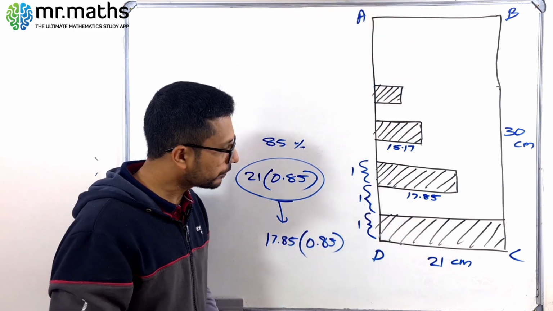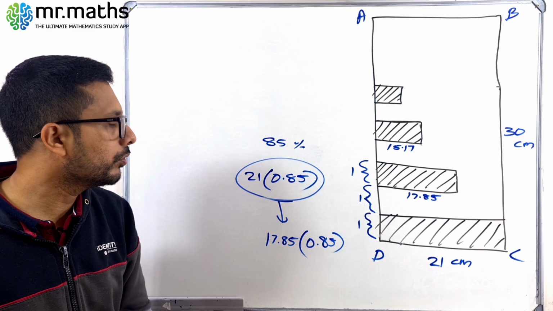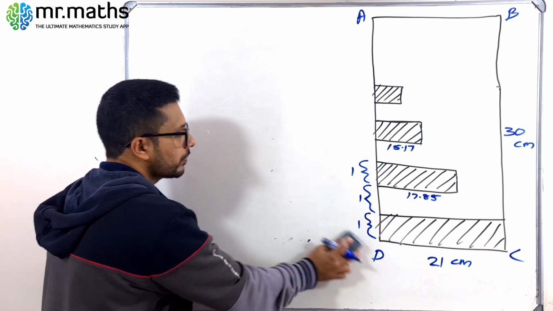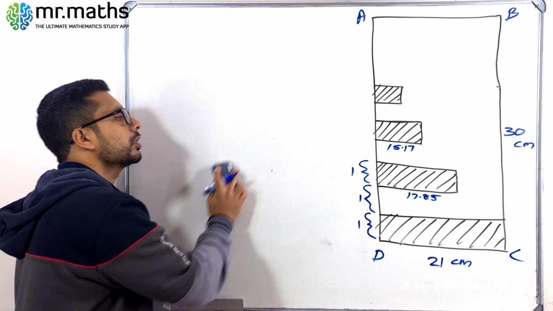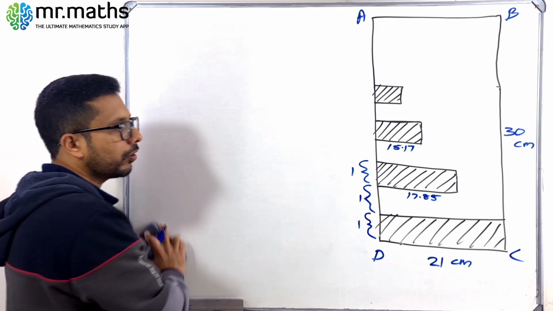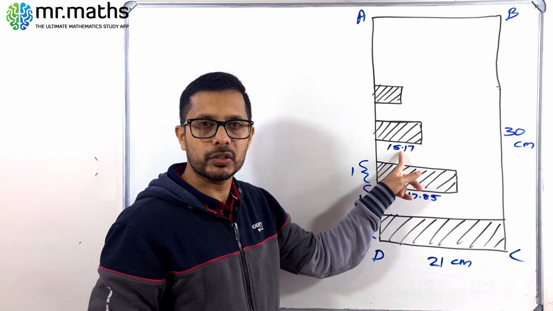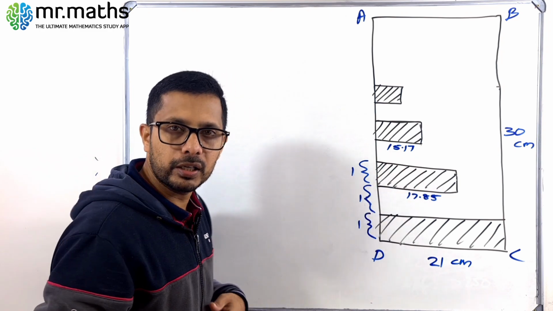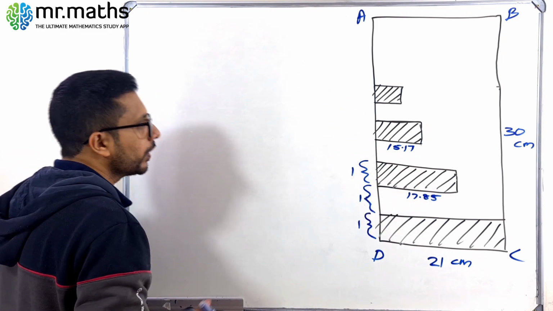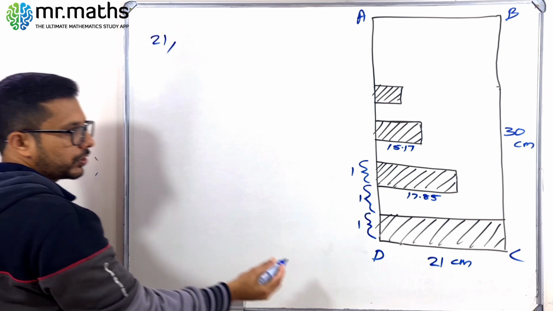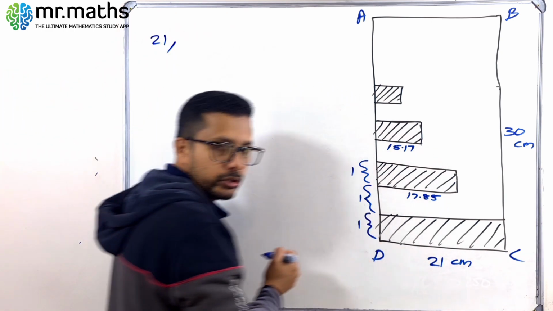Okay, now here you have to understand one more thing. We have to write this as a sequence, not like 21, 17.85, 15.17, not like that. We have to understand a pattern there. So here, what is the length of the first shaded one? 21.